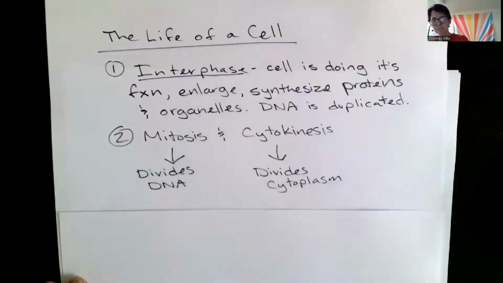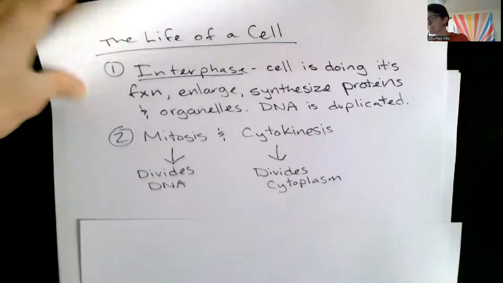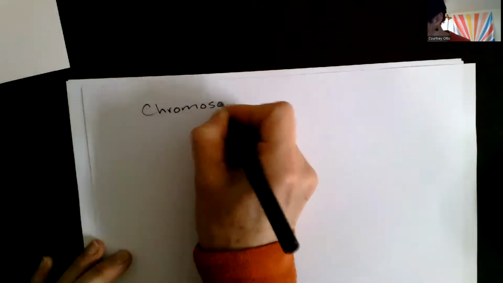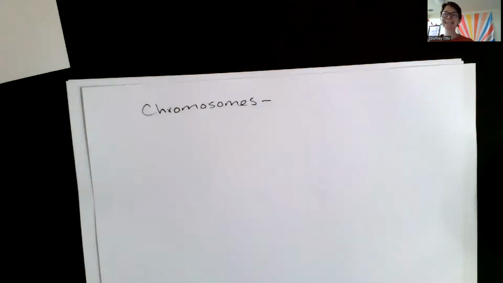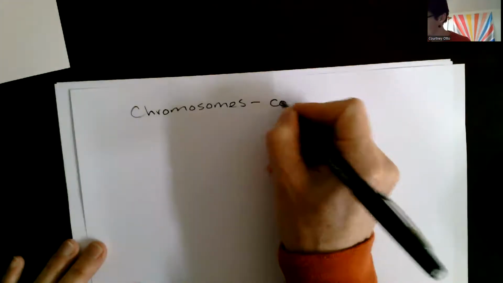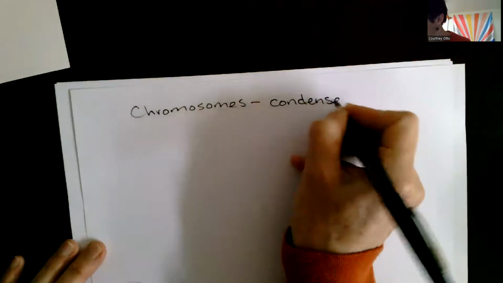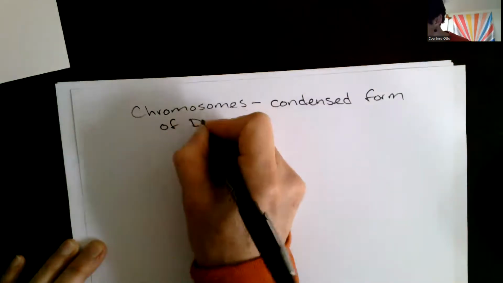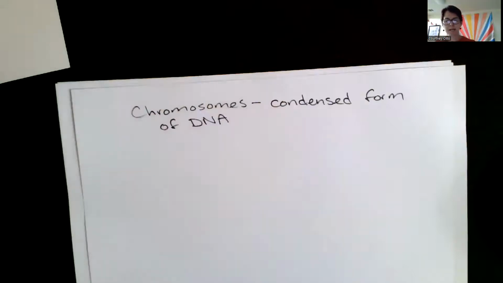Now, before we start looking at these processes in more depth, I want to make some drawings of what we call chromosomes. Now, when you see this word chromosome, it just means the condensed form of DNA. Our DNA is going to have to condense.